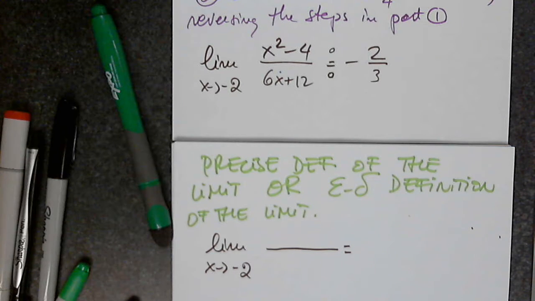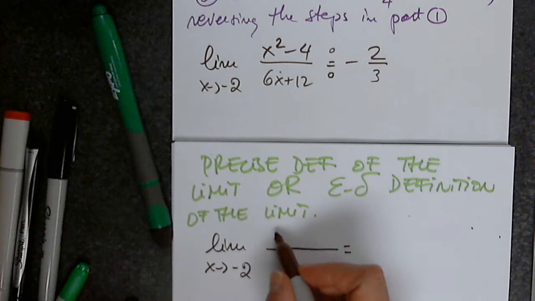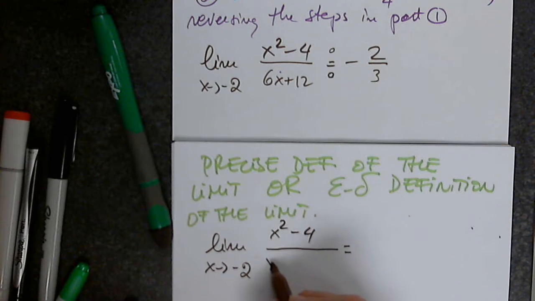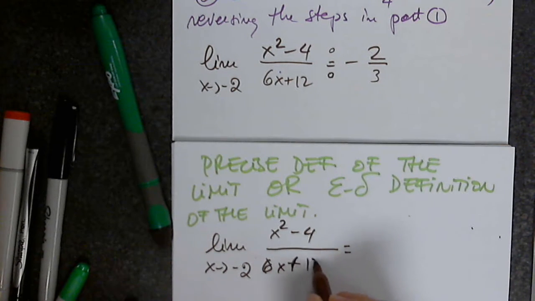That there is a factor at the top of x plus 2, and a factor at the bottom of x plus 2. Very good. So then the top is, let me write it again so for everyone to see, 6x plus 12.